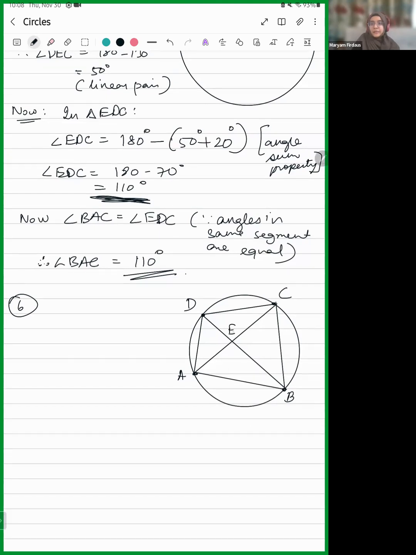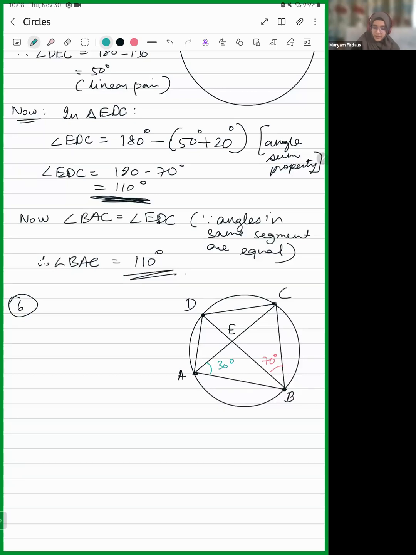If angle DBC is 70, DBC means this one. This angle is 70. And angle BAC is 30. BAC, this one is 30. Find angle BCD.